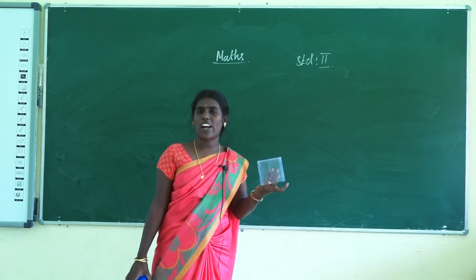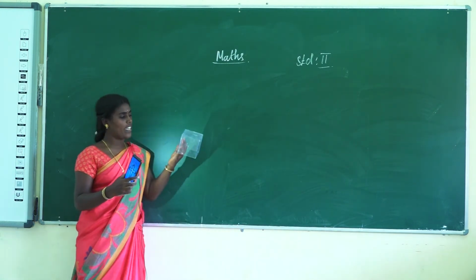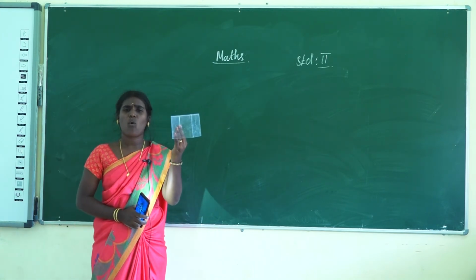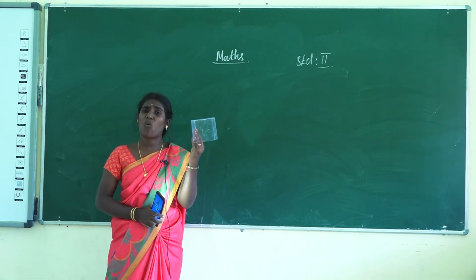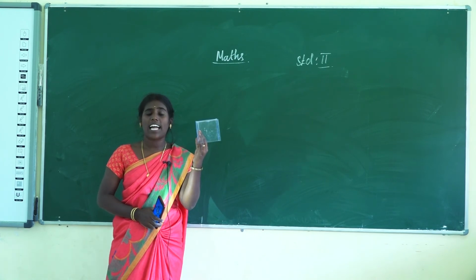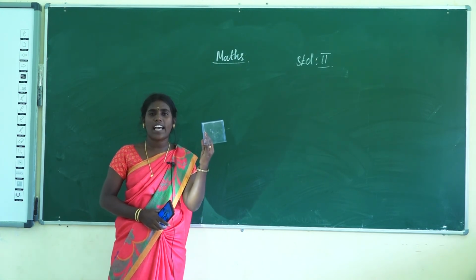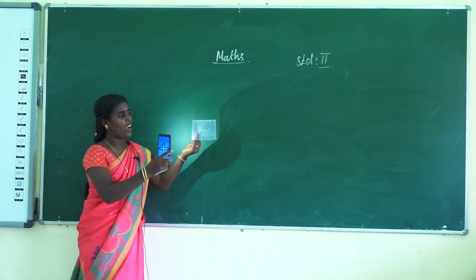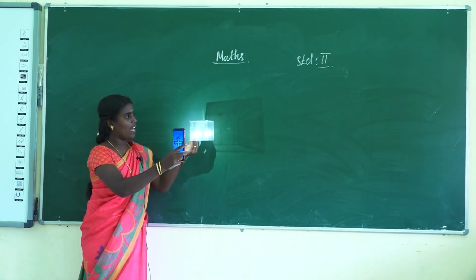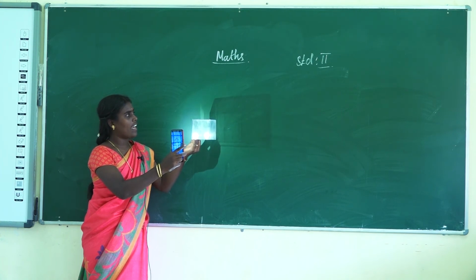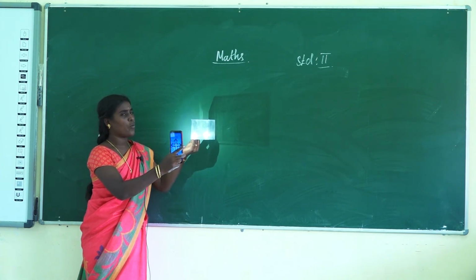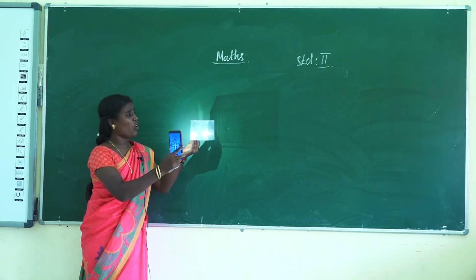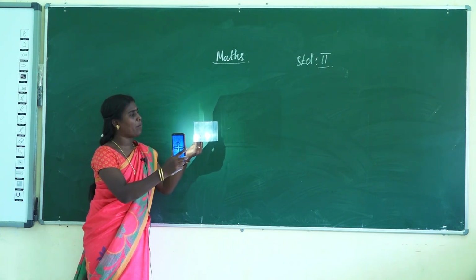See the shadows. The first one is what? First one is cube. What shape does the cube look like? Now see the cube, then the cuboid. Everyone see the shadow on the blackboard. What shape do you see on the blackboard?